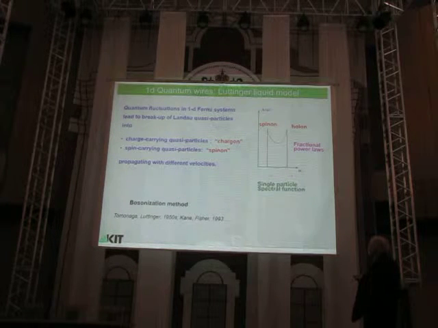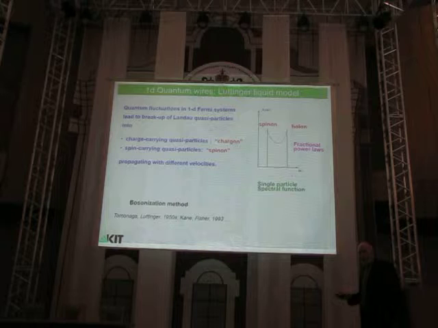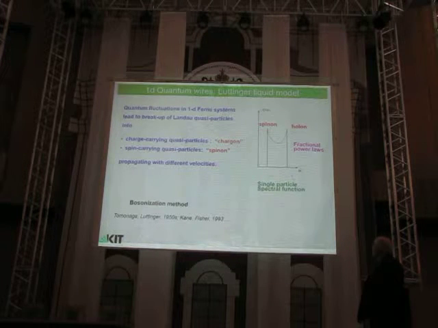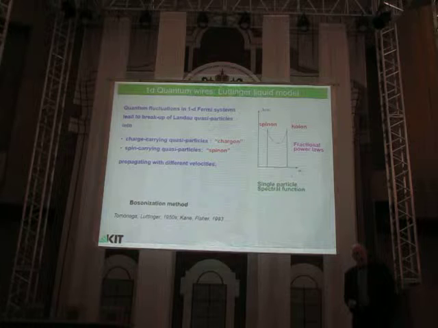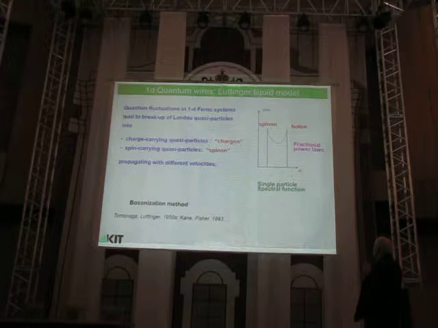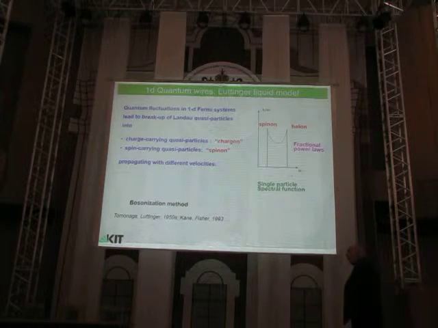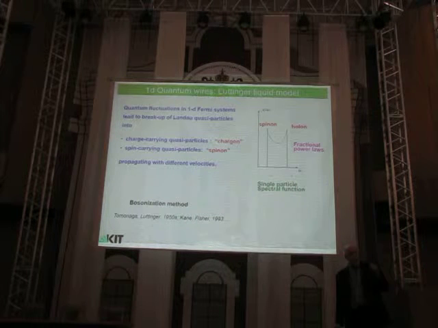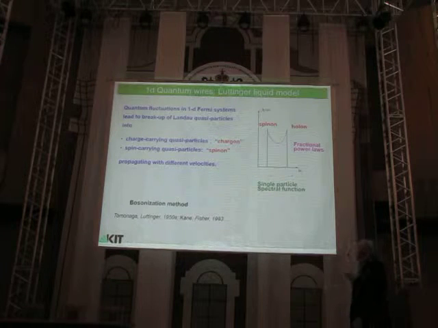What happens to the Landau quasiparticle in one dimension is that it breaks up into 2 quasiparticles, namely a charge part called chargon and a spin part called spinon. If you look at the single particle spectral function, A of omega as a function of omega, then it's no longer characterized by one quasiparticle peak, as in Fermi liquid theory, but there are 2 peaks.